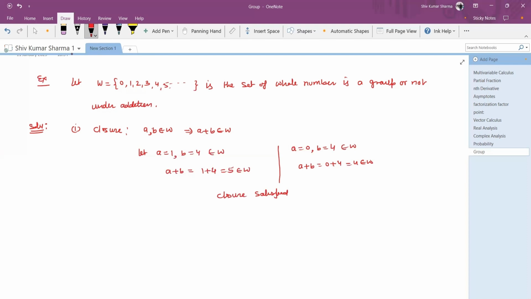Now we move to the further definition of group, which is the associative property. So second is the associative property.